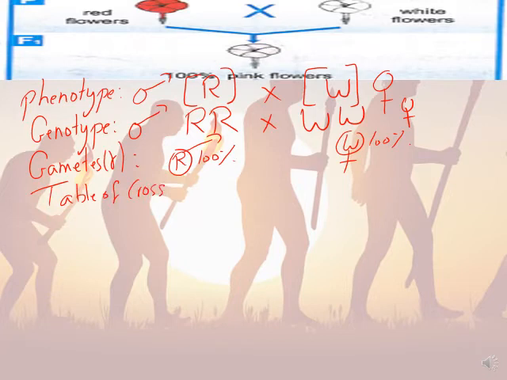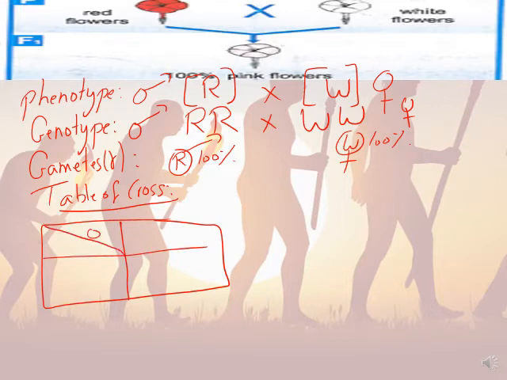So the table of cross will show the following. Here we have the table of cross divided into two, male and female. The male R 100% and W 100%, so they will be RW 100%.